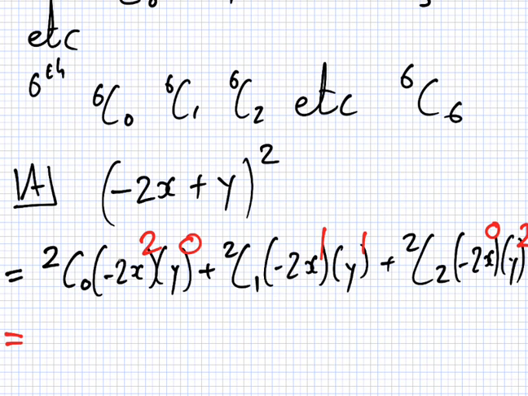Now, minus 2 squared is 4, and 2C0 is 1, so this will be 4x squared. 2C1 is 2, multiply minus 2 is minus 4xy, and then 2C2 is 1, so that will just be y squared here.